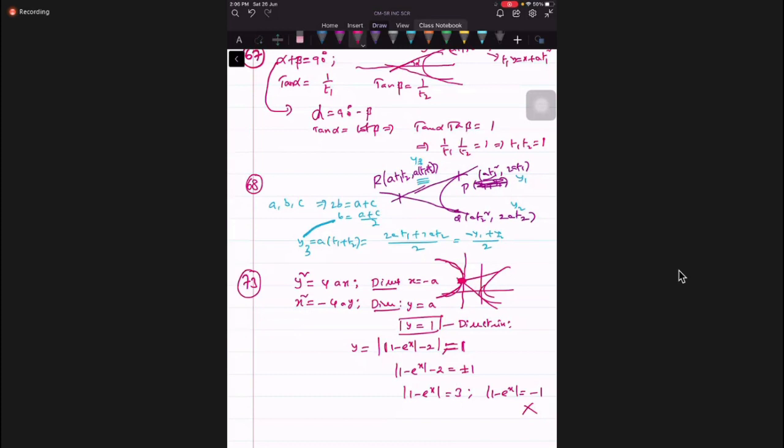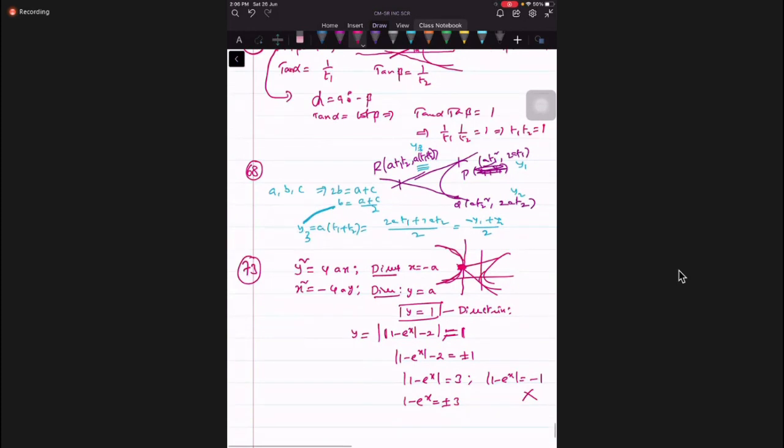I can write plus or minus 3. Then we get 4 conditions. But the exponential graph is clear, right?